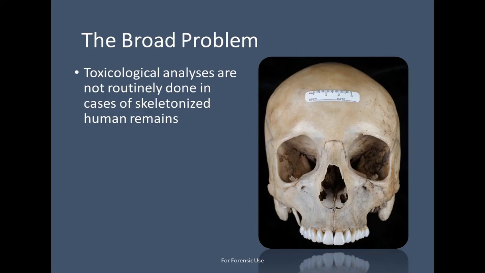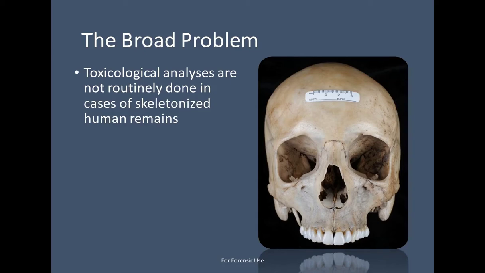But there are often new cases showing up that have no physical signs of death, and thus no way to ascertain what happened in those skeletal remains. Analysis of bone is routinely done in a toxicology lab, and so often forensic toxicologists might bring in a forensic anthropologist to help understand what might have happened to this individual, but there's just so little information that we can gather without digging deeper into the chemicals.